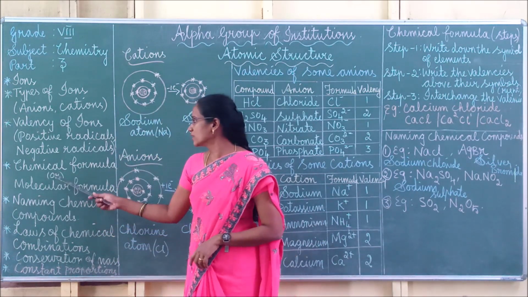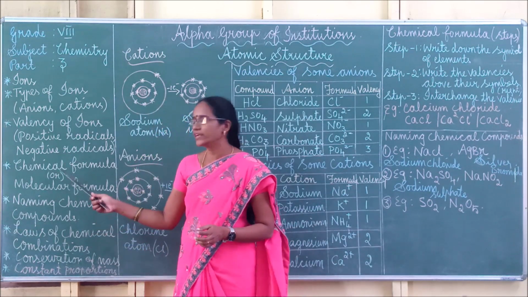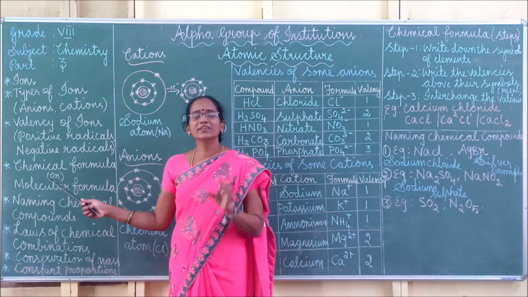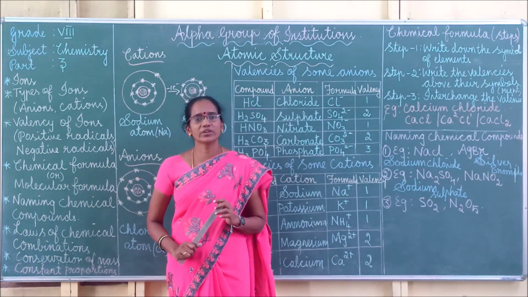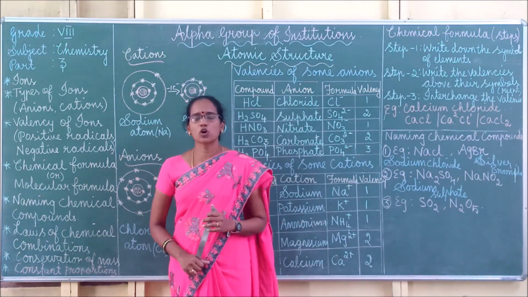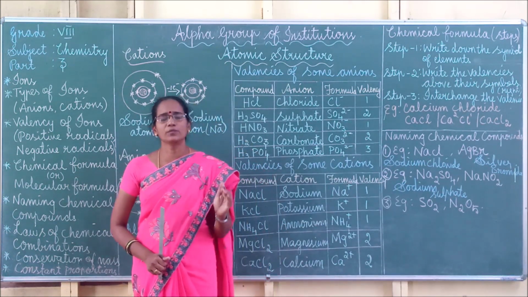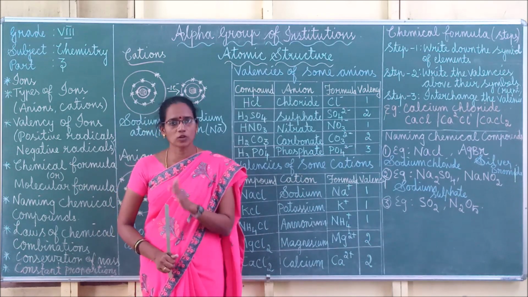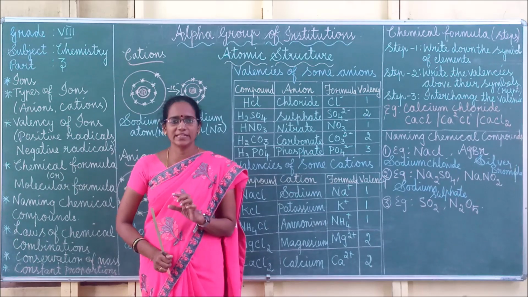Next one, what did we see? Chemical formula as well as molecular formula. A chemical formula is mainly used to identify the number of actual atoms present in the molecule of a substance. Next, naming a chemical compound. So what are the steps we saw? First we have to write the metal, next followed by the non-metal, and after that we have to add the suffix ate.